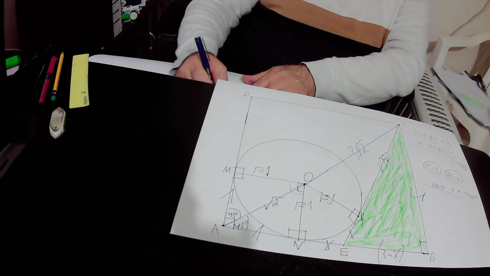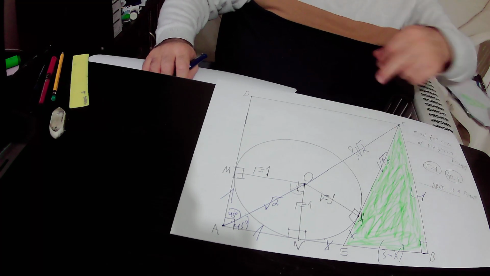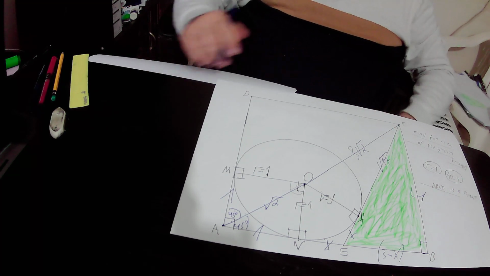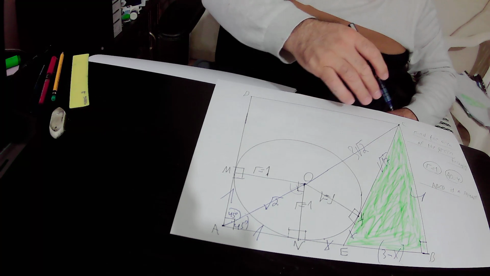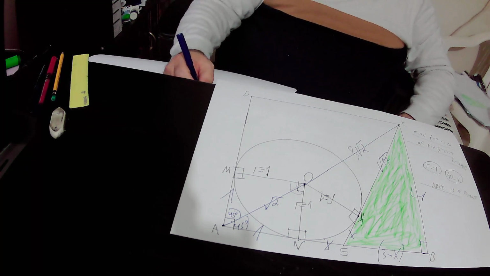The hypotenuse in the right green triangle CEB is CE. Therefore the square of the hypotenuse is CE square.